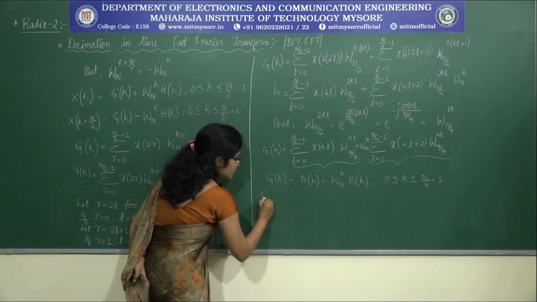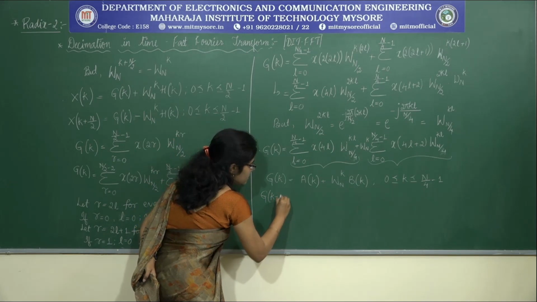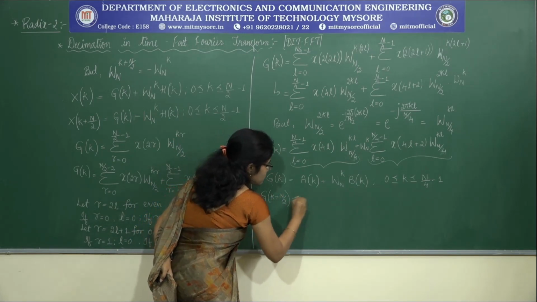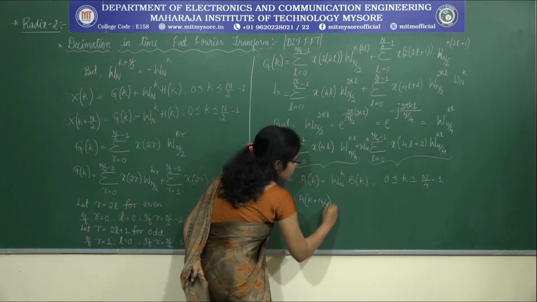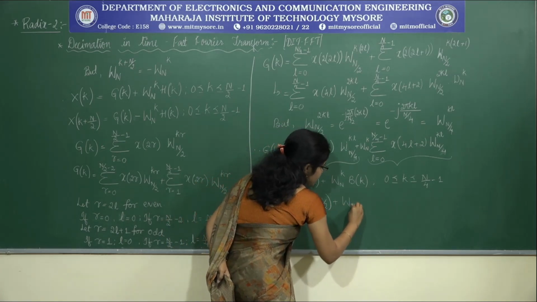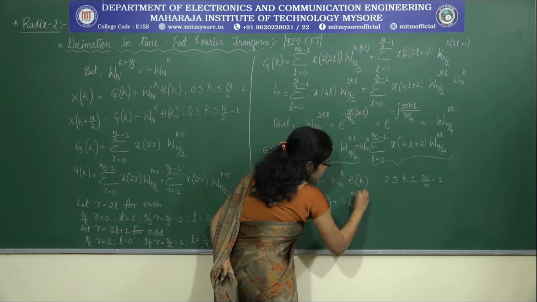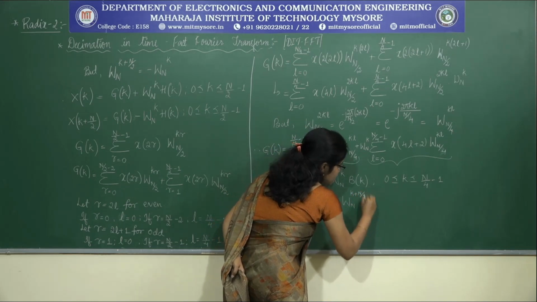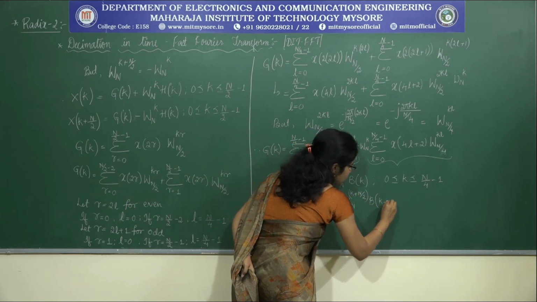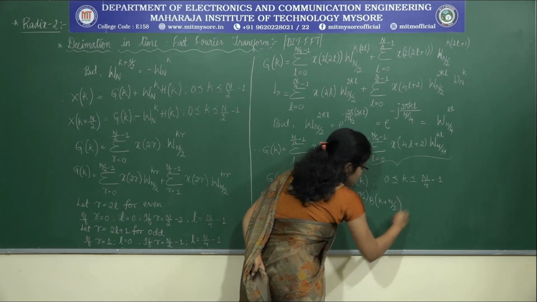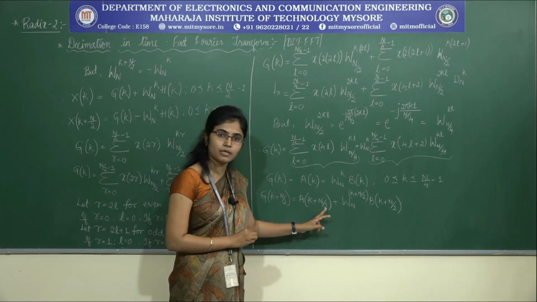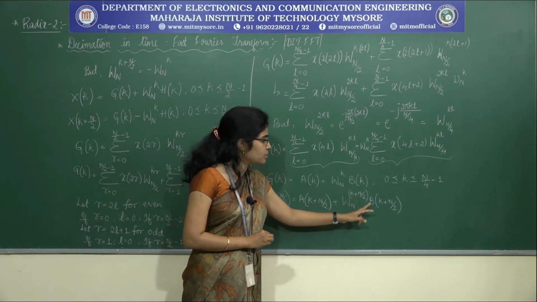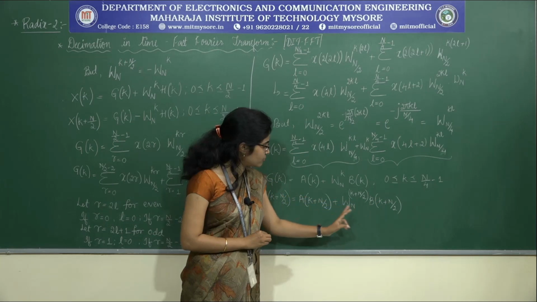So if I want to find g of k plus n by 2, this will be equal to a of k plus n by 2 plus omega n to the power of k plus n by 2 into b of k plus n by 2. Yes or no? From the periodicity property, a of k plus n by 2 will be equal to a of k, and b of k plus n by 2 will be equal to b of k.